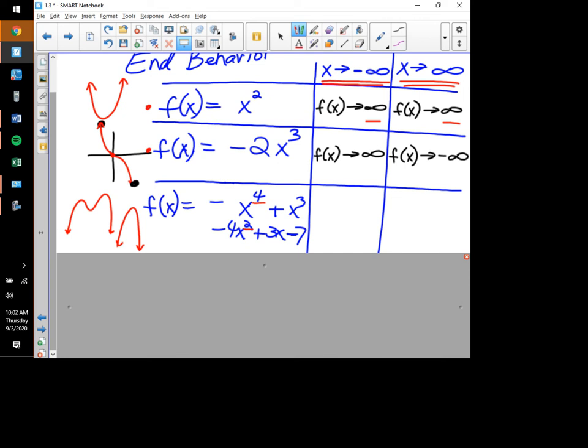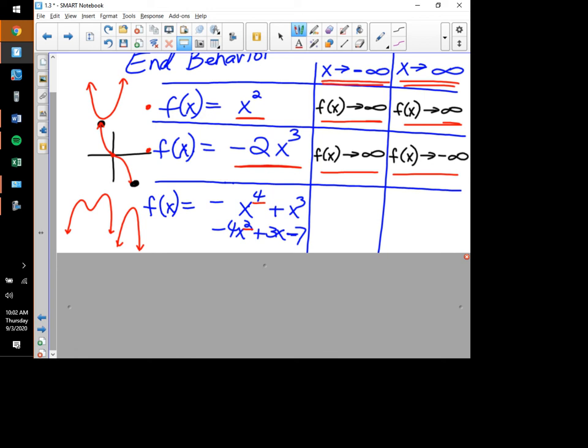When a polynomial function has an even degree, your end behaviors are going to be the same. Either it goes up on both sides or it goes down on both sides. But when your degree is odd, like this cubic function right here, your function has different end behaviors. It goes up on one side and down on the other.